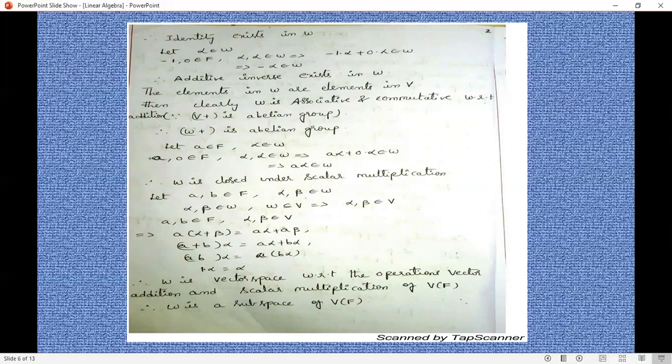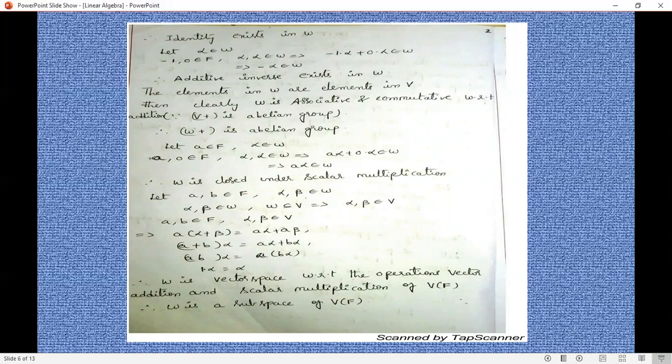Now we are considering, listen carefully, let alpha belongs to W. Now we are taking -1, 0 belongs to F, alpha belongs to W. Now we are applying the above condition, that's all: a alpha plus b beta belongs to W. In place of a and b, we are changing the scalar multiples, that's all.